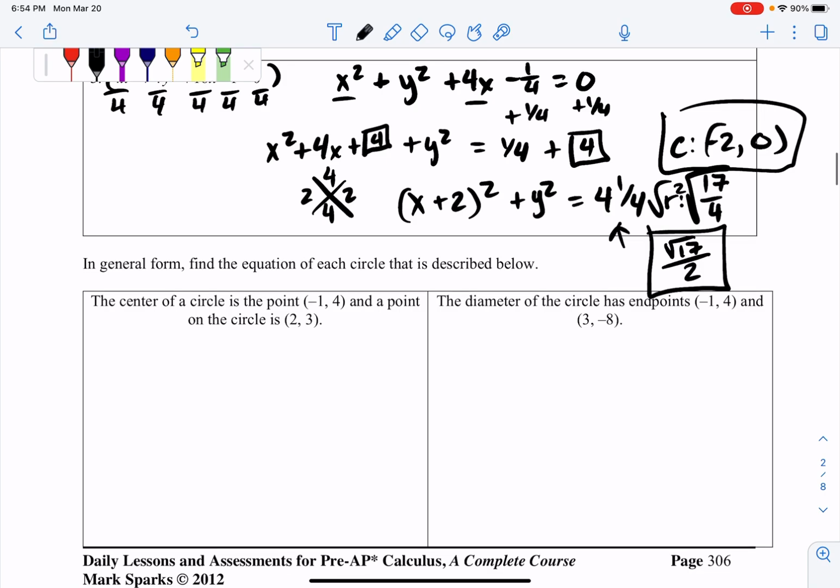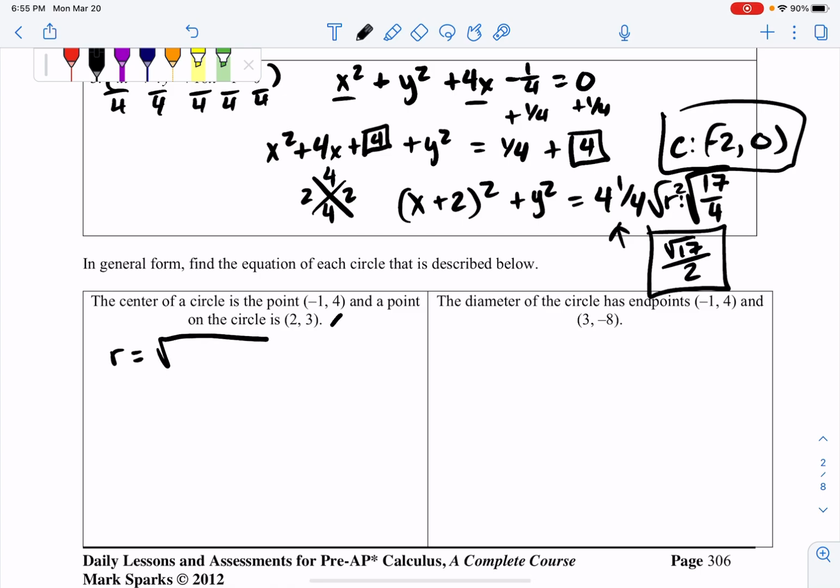Okay, how would we write the equation of this circle? We know the center and we know a point on the circle. So what we do not know and what we need to know is our radius. In order to do that, we're going to have to use, wait for it, the distance formula, just like what we've been practicing for. So the radius is the distance we're solving for, between these 2 points.